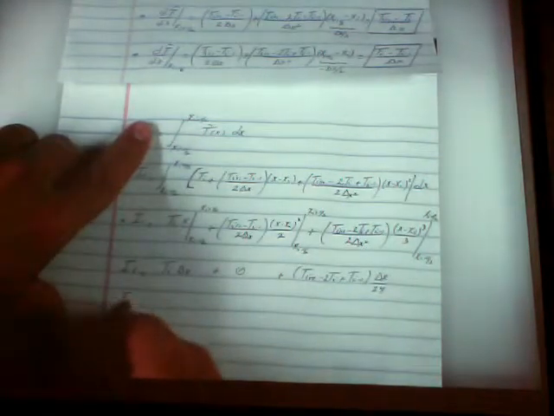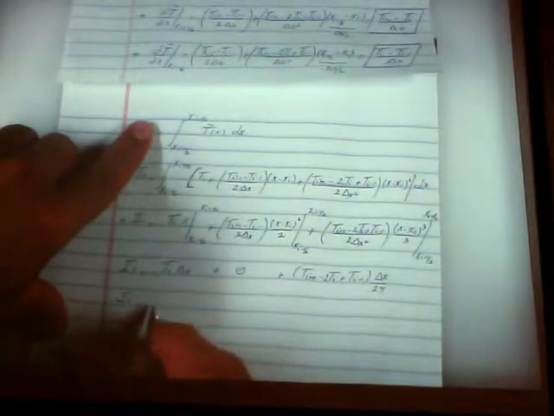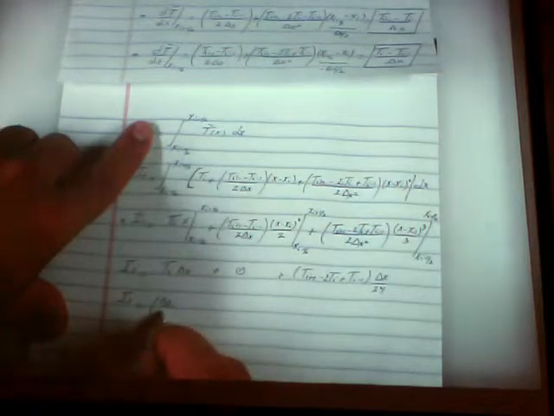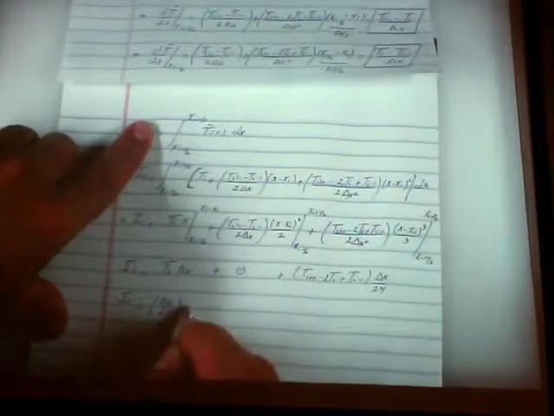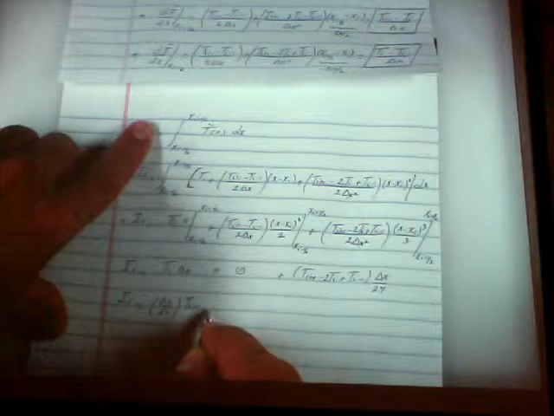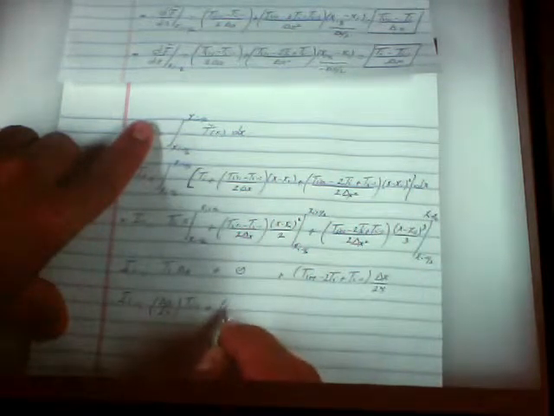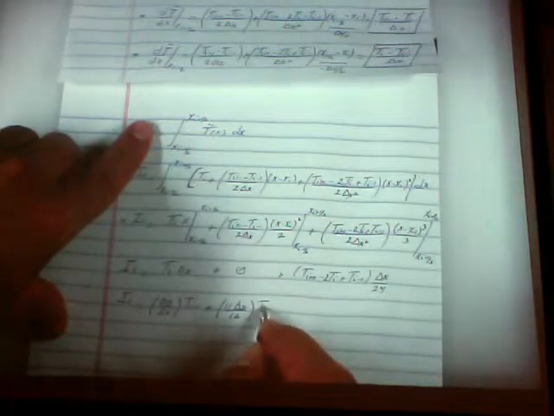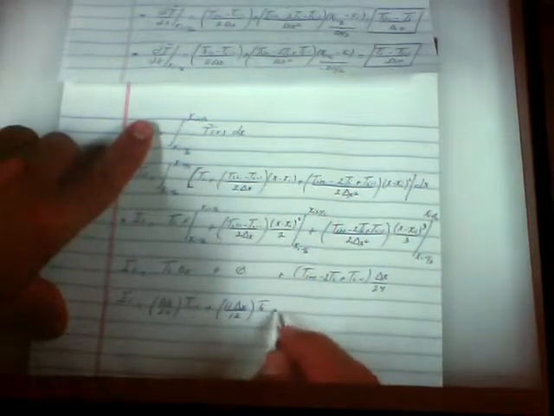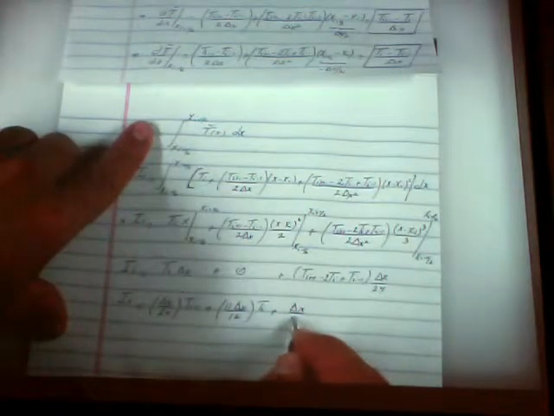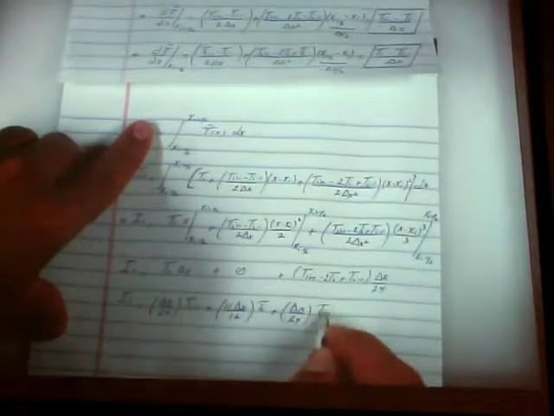So when we combine this, we get I1 is equal to delta x divided by 24 times T_{i-1} plus 11 delta x over 12 T_i plus delta x divided by 24 T_{i+1}.